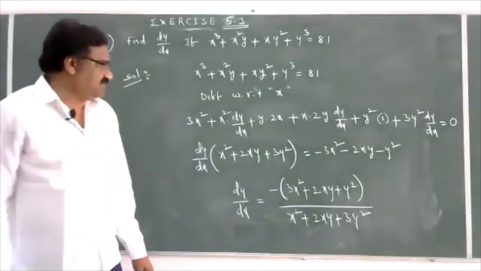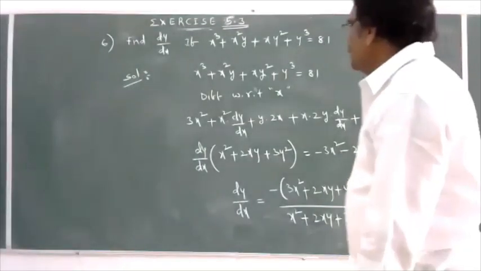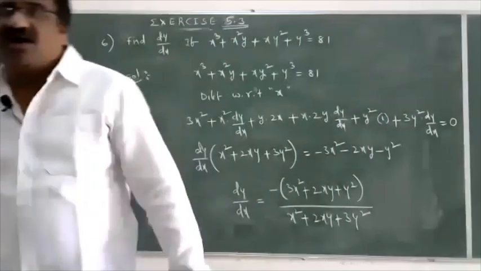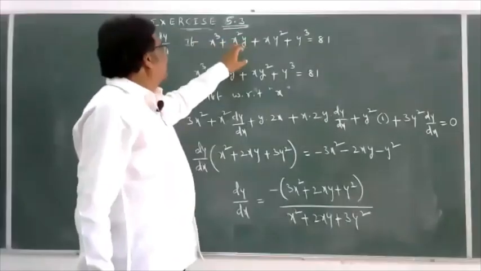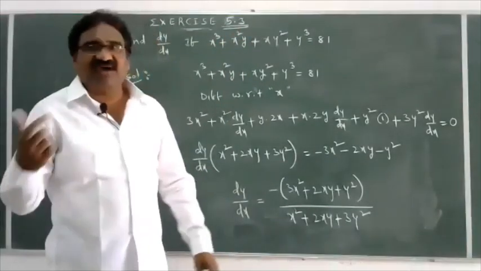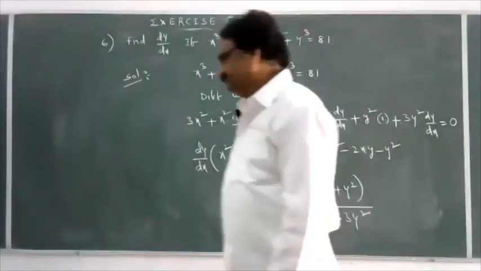This is the derivative of the given implicit function x cube plus x square y plus xy square plus y cube is equal to 81.